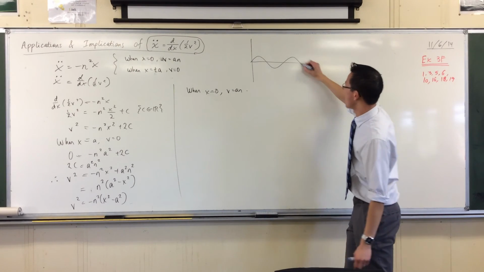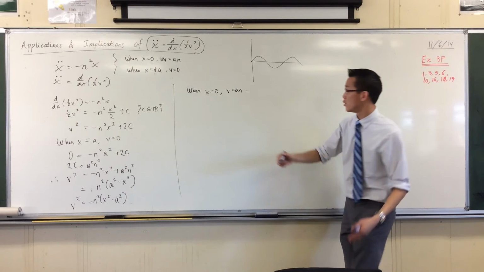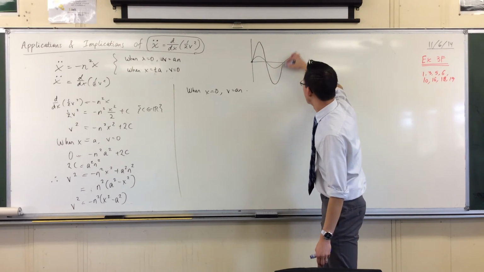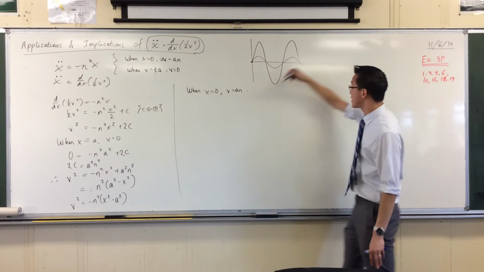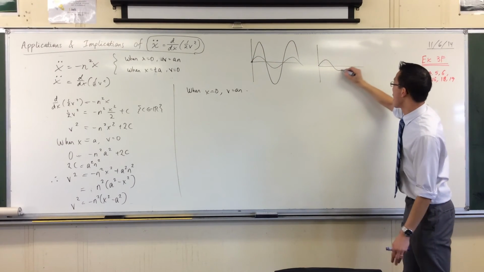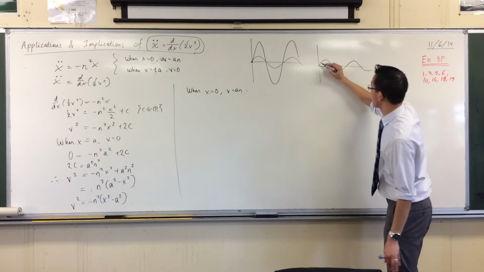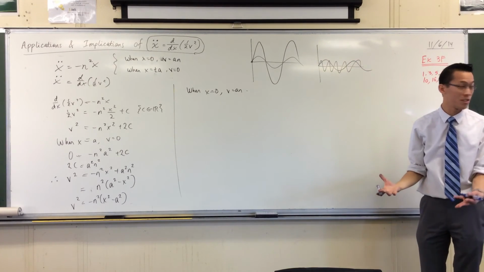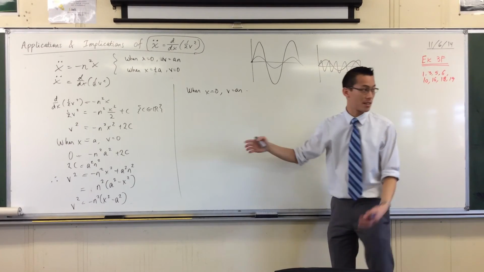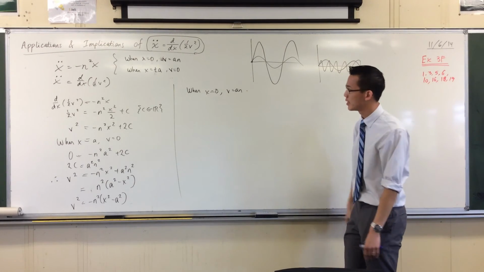If I have this graph, and I increase the amplitude, obviously, he's coming back faster past the origin. In the same way, if I increase the frequency to something like this, again, he's coming back faster across the origin. So these are your two factors that affect your velocity past the origin.